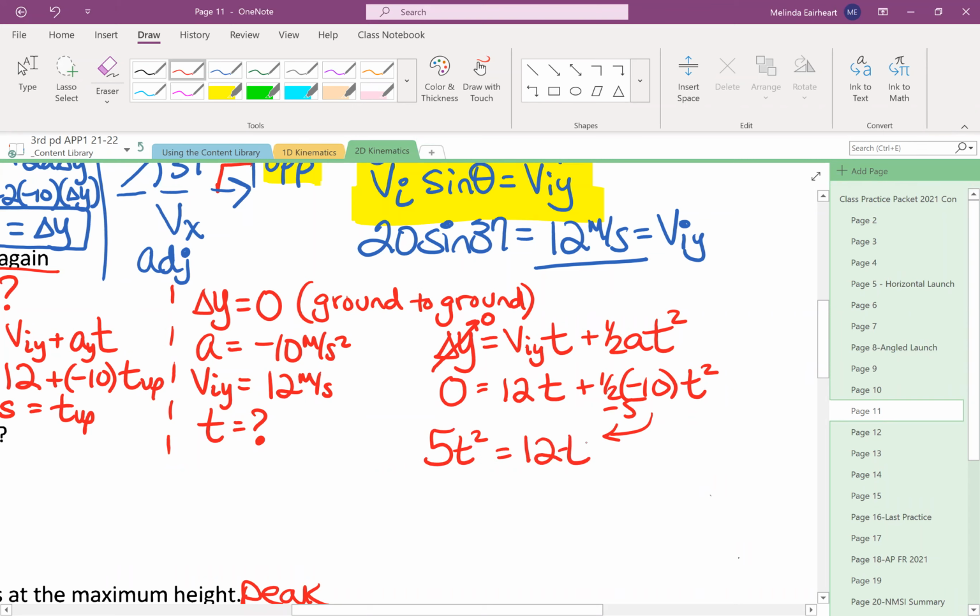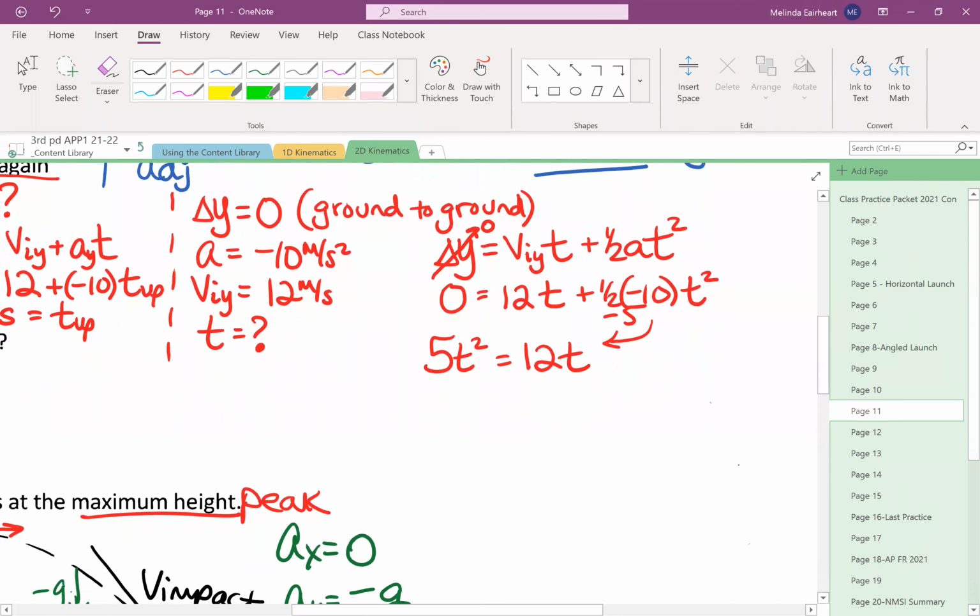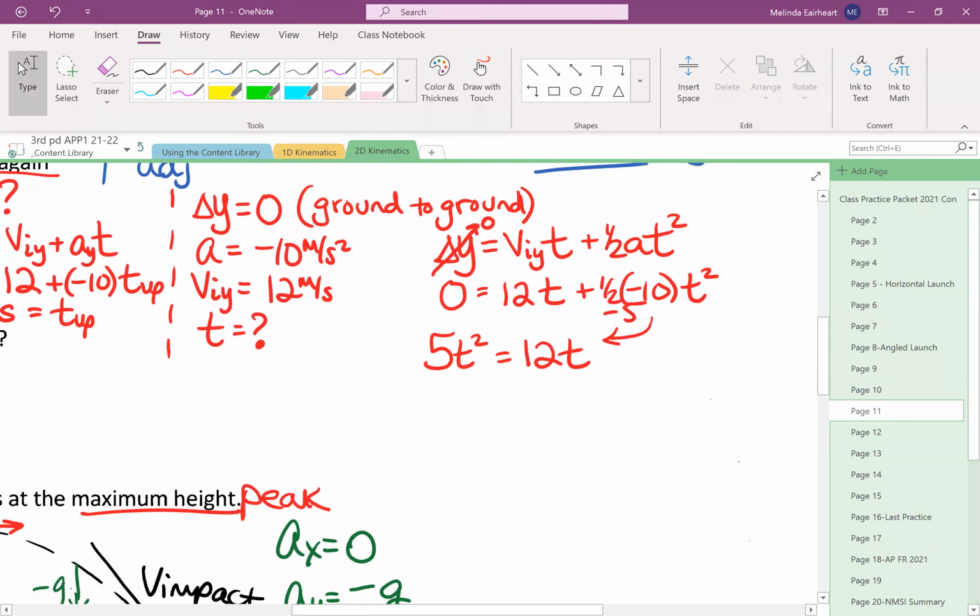And you may be thinking, oh, this is going to be quadratic, right? t squared and t, but we don't have a c term. At this step, what can we do? t squared on the left, t on the right. What if we divide both sides by t? We get one set that cancels out.